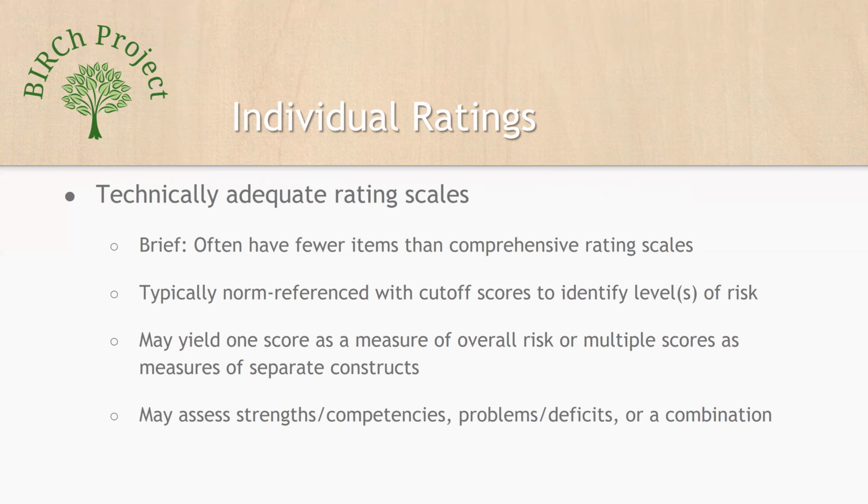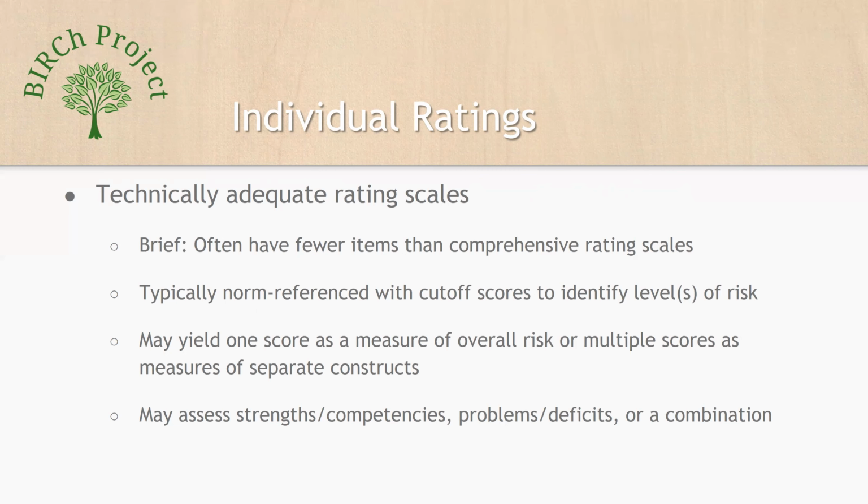Some rating scales give you one overall measure of risk. Others have subscales which can help pinpoint more specific areas of risk, like attention problems, externalizing problems, internalizing problems, or social skills. So these rating scales, the extent to which they have subscales may help you inform intervention.